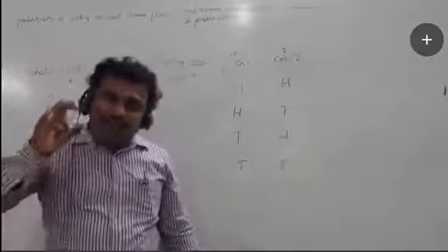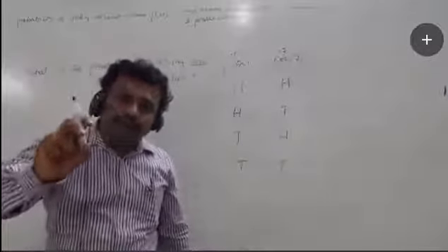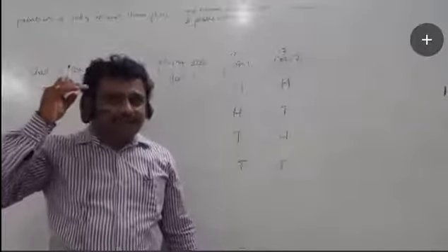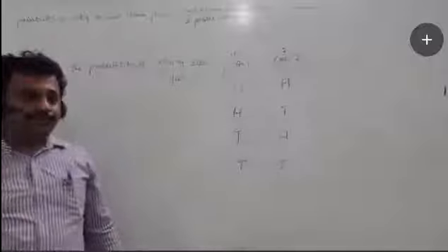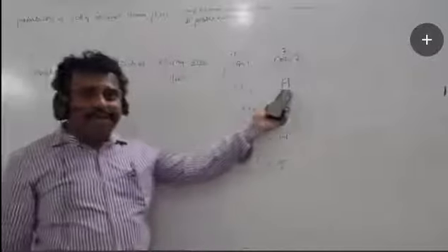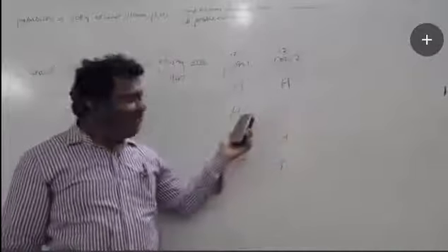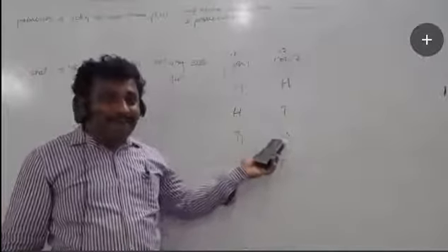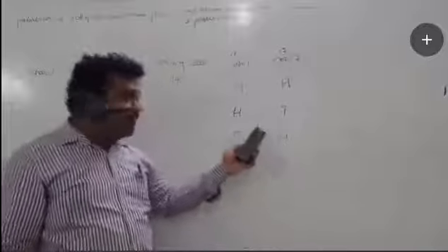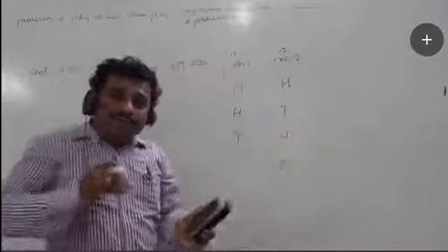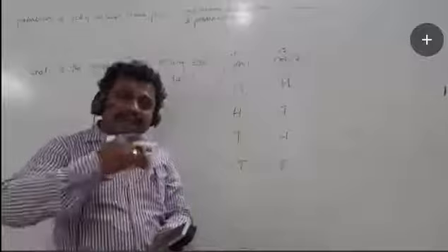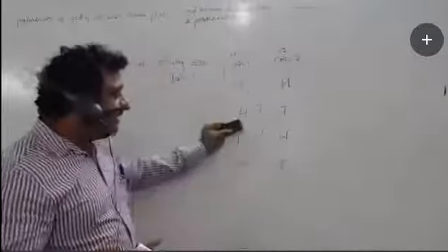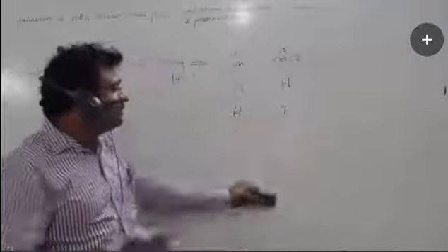One is head, then the other one is head. One is head, the other one is tail. One is tail, but the other one is head. We can't say which coin has head and which coin has tail. That's why this is not a separate situation.